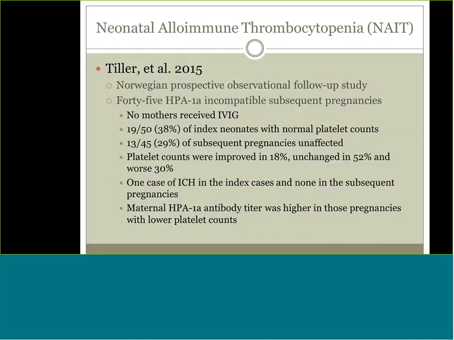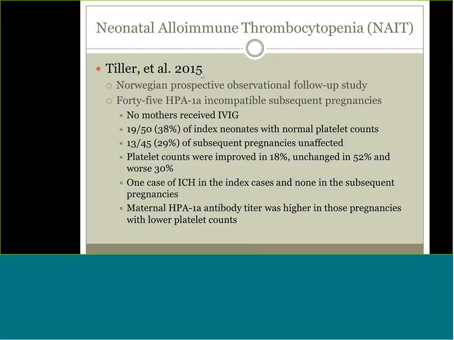But there was a recent study looking at subsequent pregnancies in a population of Norwegian families that had been screened for having HPA1A incompatible fetuses, infants. And none of the mothers received IVIG because these were low-risk families. They were just picked up on screening for having HPA1A incompatibility.